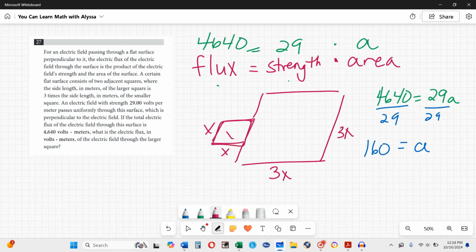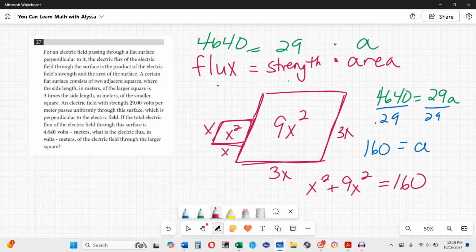The smaller one is x times x, or x squared. The biggest one is 3x times 3x. 3 times 3 is 9, x times x is x squared. So x squared plus 9x squared would be the total area using x. And I also know the total area using numbers is 160. Well, now I can solve for that x squared.